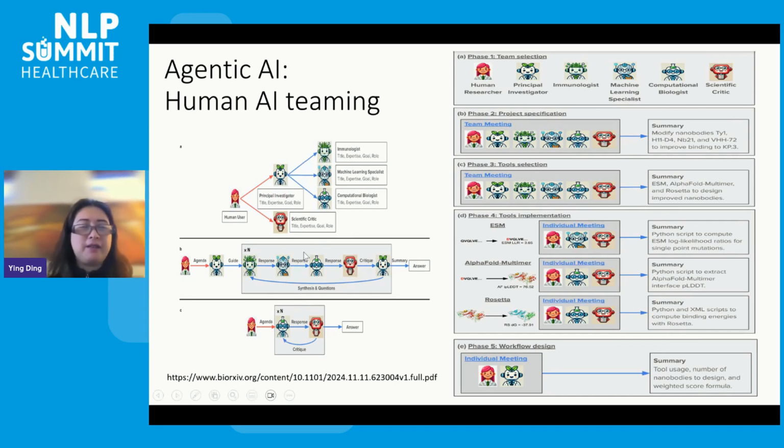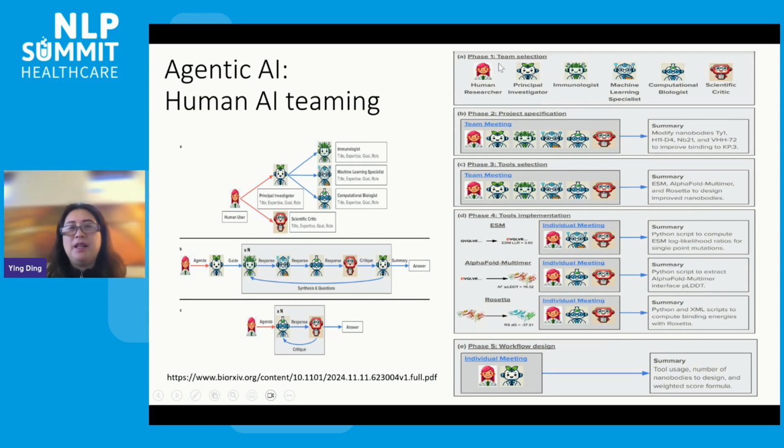Each meeting comes out with a summary. You can run it n times, as many as you want, then assemble the summaries. The PI assembles the summary with the critic, talks to the human, and comes out with an answer.